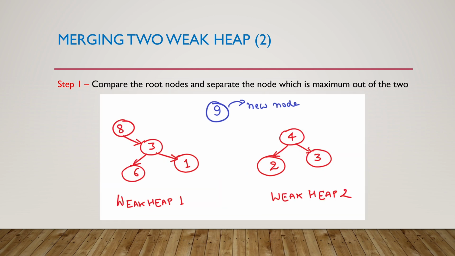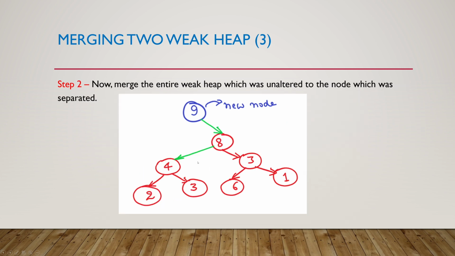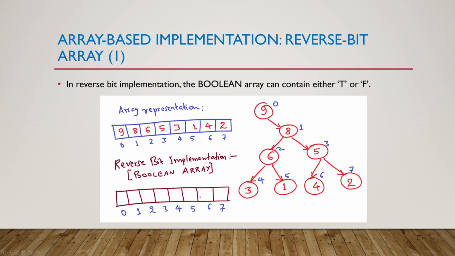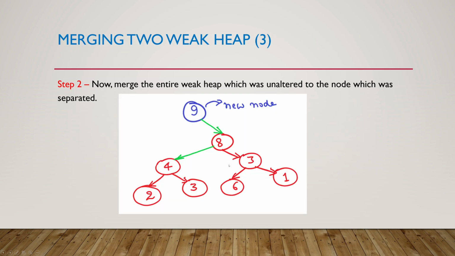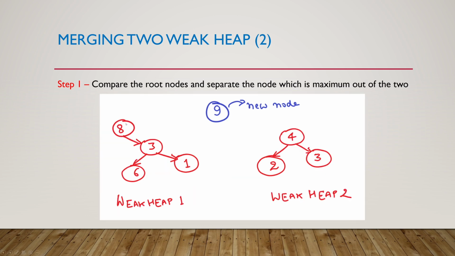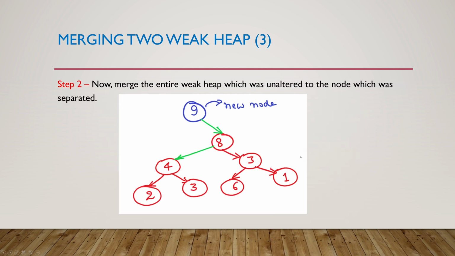This 4, 2, 3 was separated out, so it will go to the left hand side, and the unaltered one, which is 8, 3, 6, 1, will go towards the right hand side, and that's it. We have a weak heap which has merged the two, and the properties are satisfied.